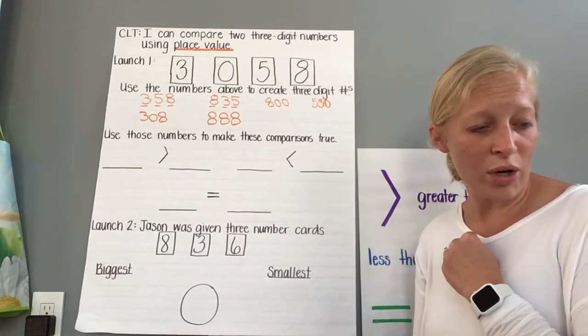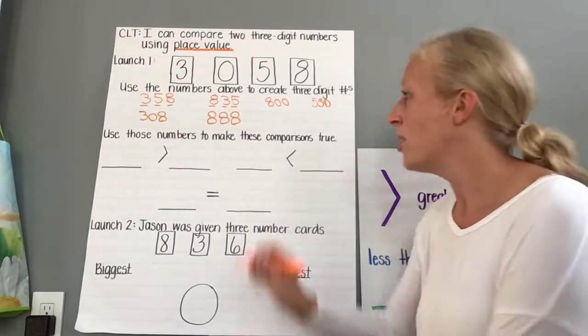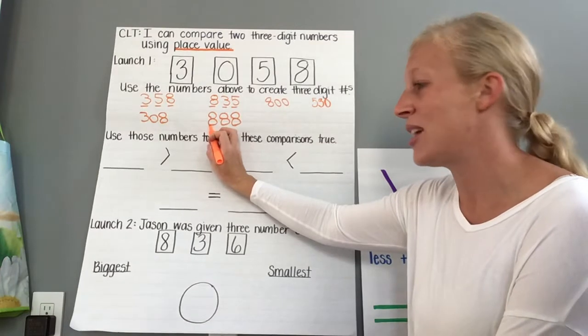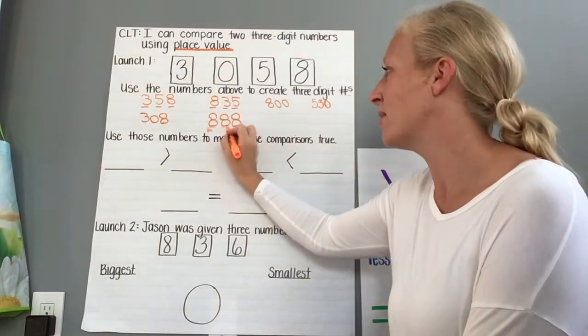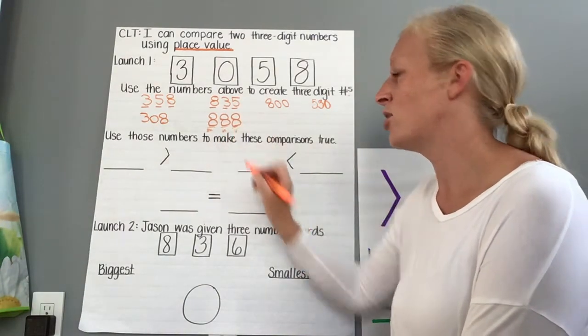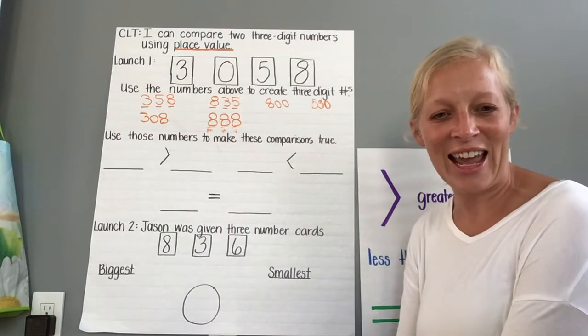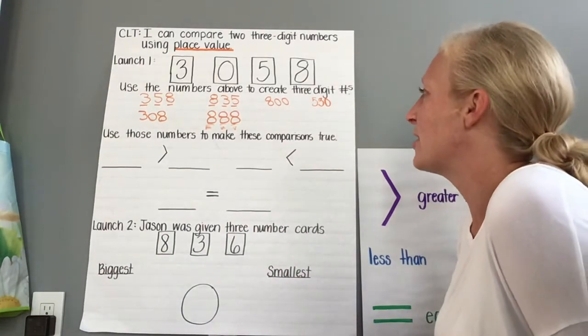Are they all worth the same value? No. We have this one. What value is this? 800. What about this one? 80. What about this one? Just 8. 888. Same number, different place, so they are worth something different.